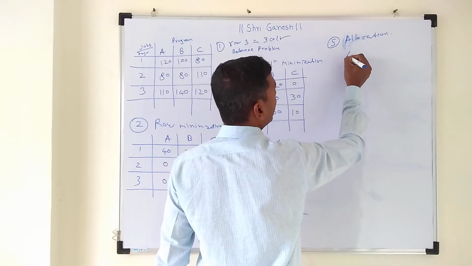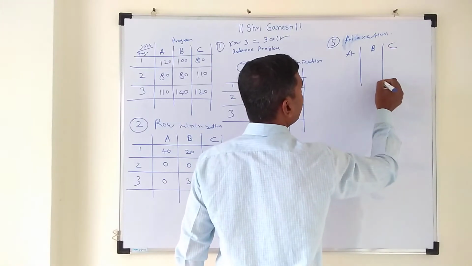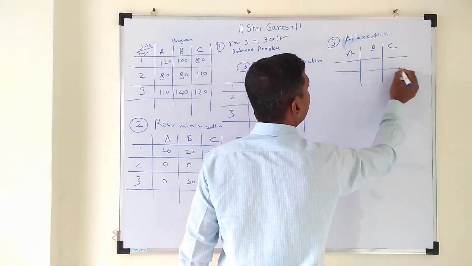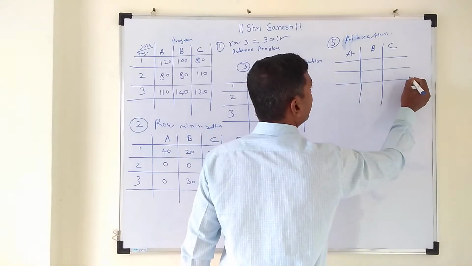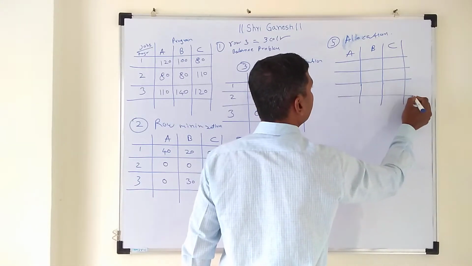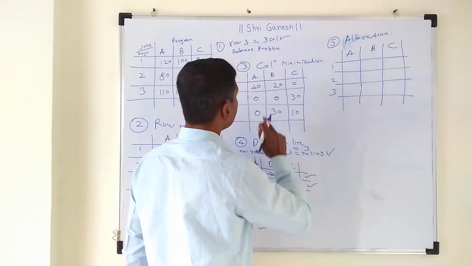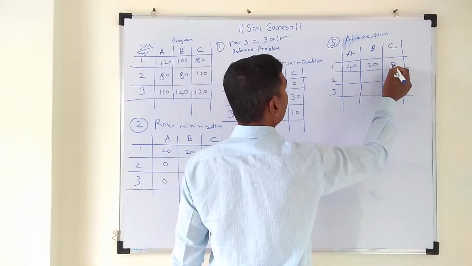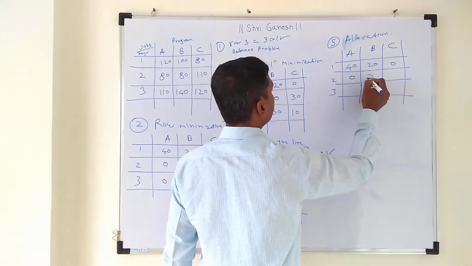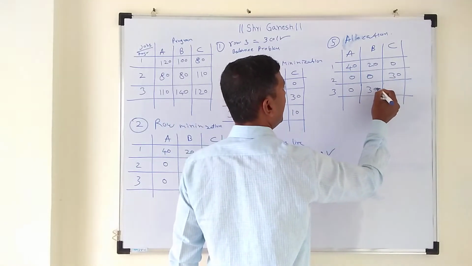Okay, so again A, B, C, one, two, three. Okay, so the numbers are 40, 20, 0, 0, 0, 30, 0, 30 and 10.